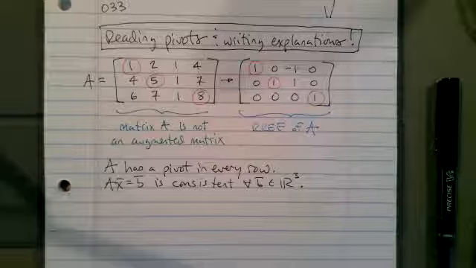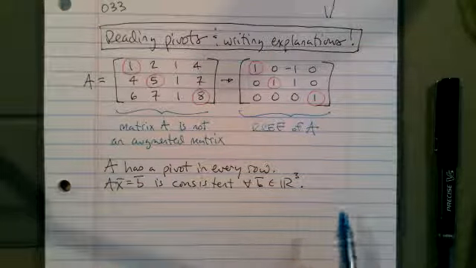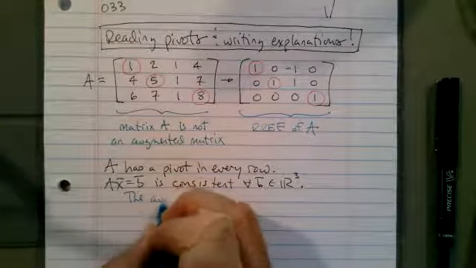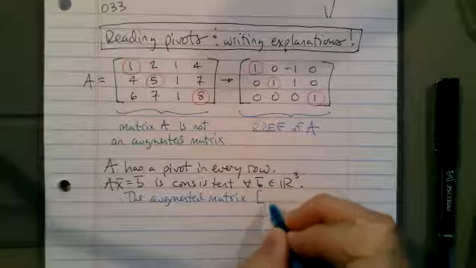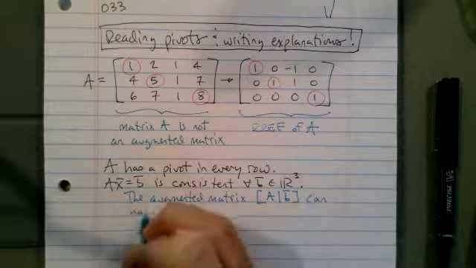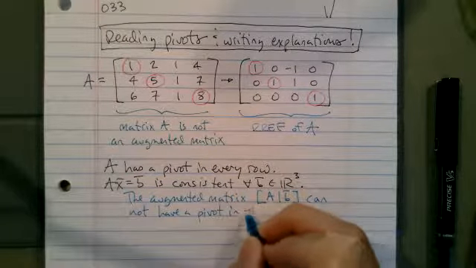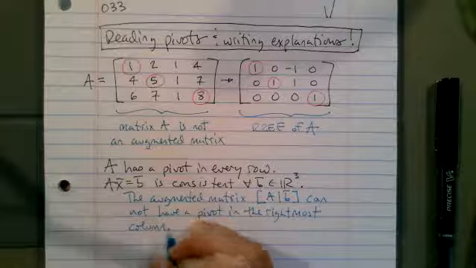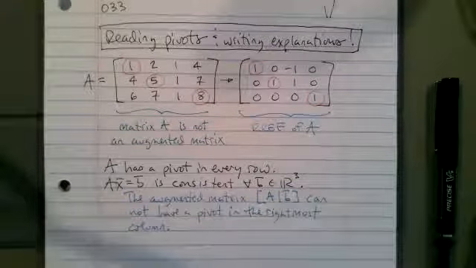So if we want to include something else, the reason that we can make this statement is that the augmented matrix, and I should be specific which augmented matrix, A, B, cannot have a pivot in the rightmost column.